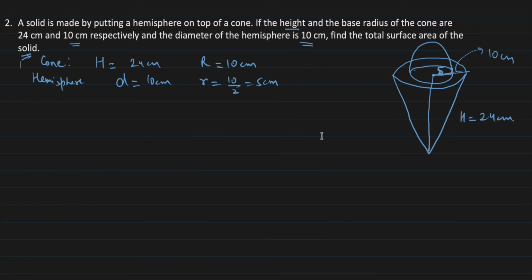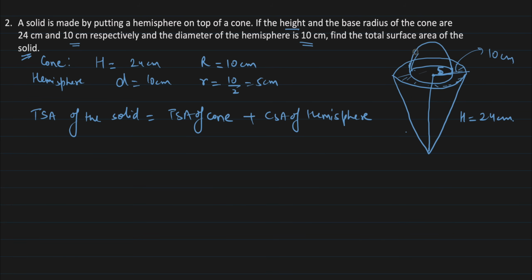So how do you calculate the total surface area? First of all, always write the total surface area of the solid. How do we calculate it? The curved surface area of the cone plus the base ring will be there, right? On this base, this part you will not calculate, only this ring part will come. So we write TSA of cone plus CSA of hemisphere.